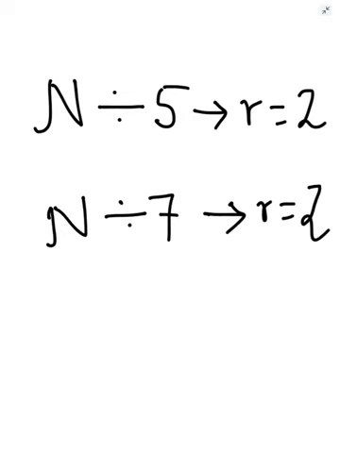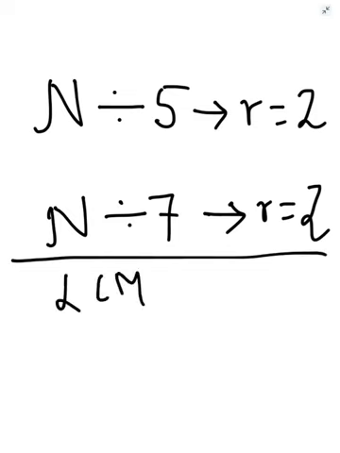So when you divide n by 5, you get remainder 2. When you divide the same number n by 7, again you get the remainder 2. The remainder is same. So how to find this n, the natural number n? First I will take the LCM of 5 and 7.